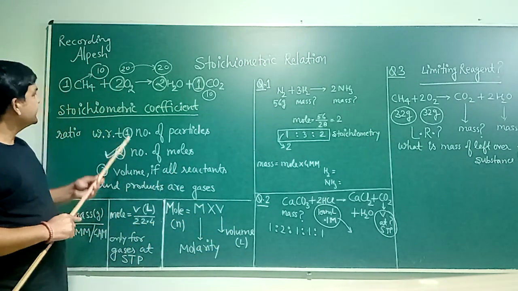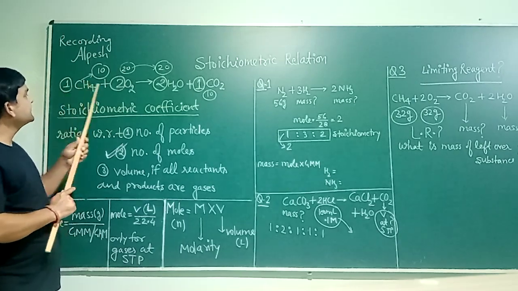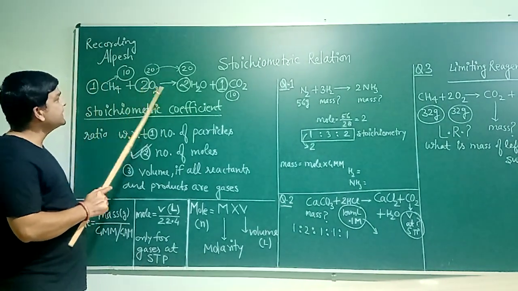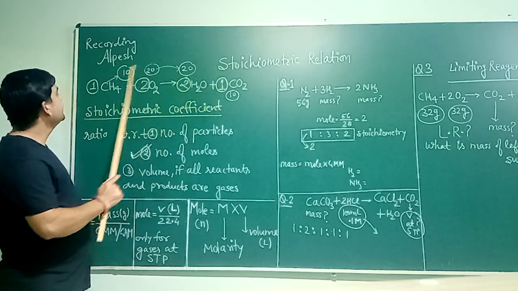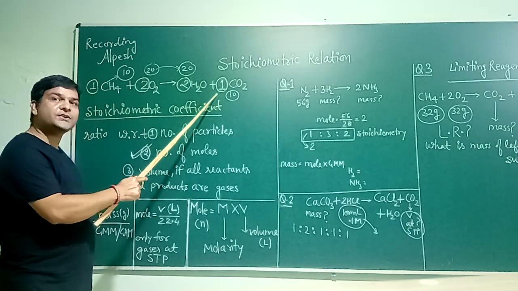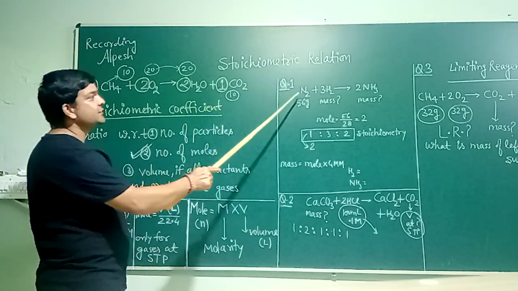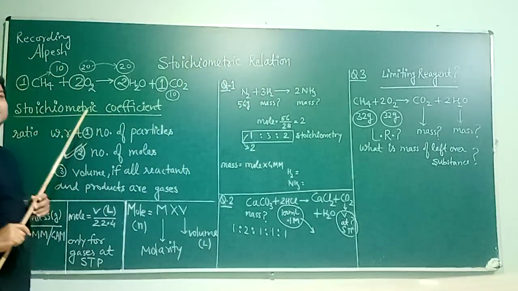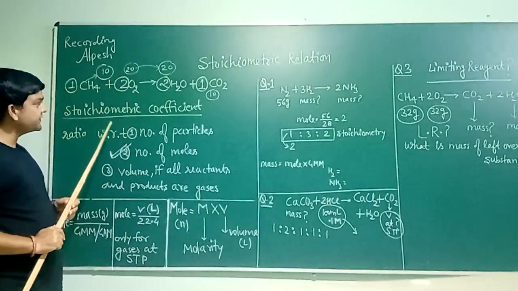So I briefly revise. So far we know the numerical prefixes in a balanced chemical equation, which are 1, 2, 2, 1. These are known as stoichiometric coefficients. Here the numerical prefixes are 1, 3 and 2. They are known as stoichiometric coefficients.